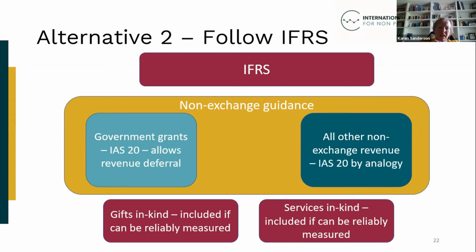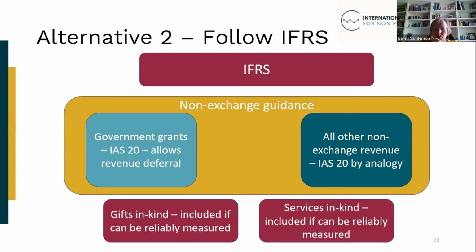The second alternative is based on IFRS and requires that non-exchange revenue from government grants is recognised using the principles in IAS 20. Using this alternative, the treatment of government grants could be extended to other non-exchange revenue, which would allow for revenue to be recognised on a systematic basis over the period that the NPO recognises related costs as expenses.